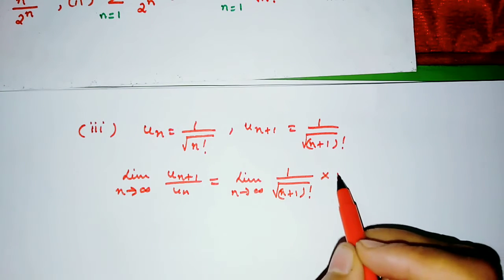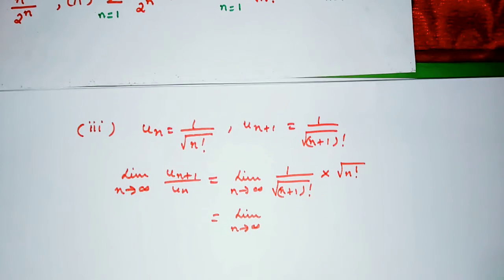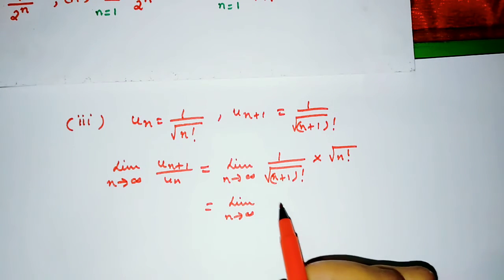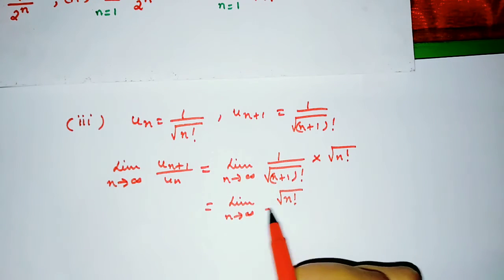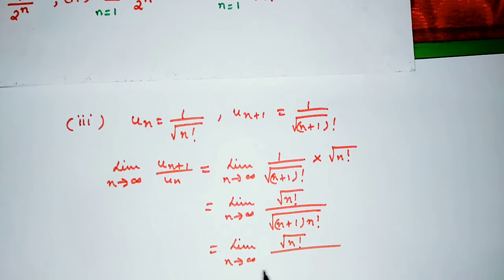That means here we have root n factorial. From the denominator we have root n plus 1 into n factorial. Root n factorial by root n plus 1 root n factorial, so they can be cancelled.